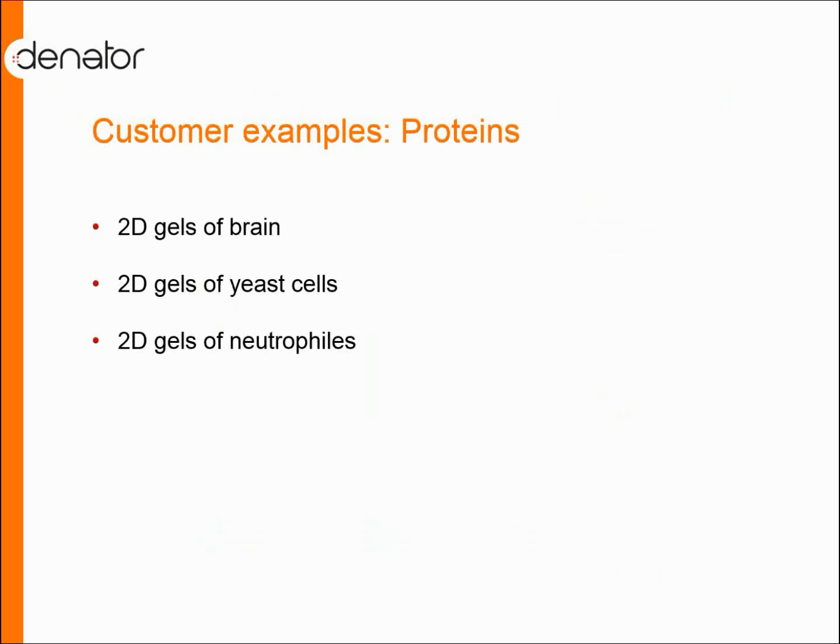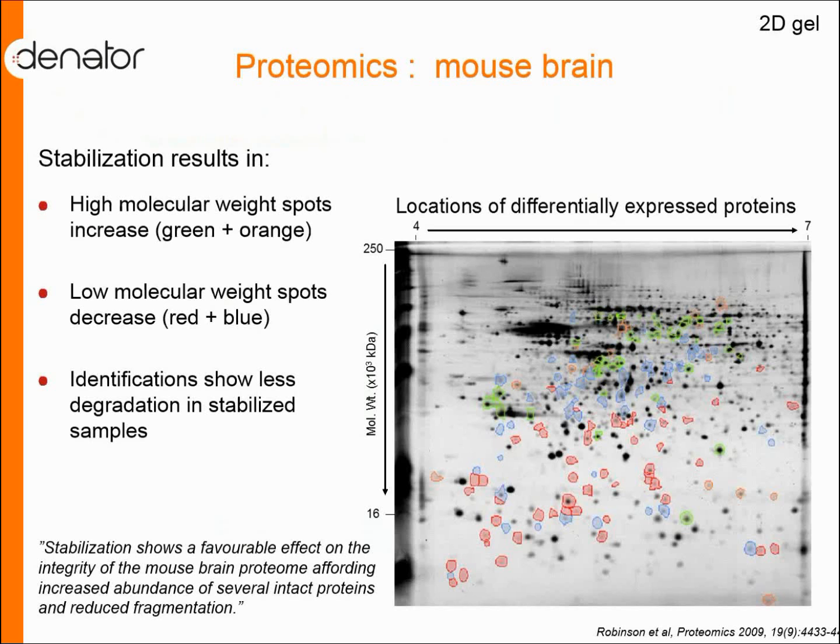If we move on to proteins, I've included a couple of 2D gel samples. The first sample is mouse brain, and we have a standard 2D gel, pI 4 to 7, and the molecular weight covering the whole range from 16 to some 250 up here.